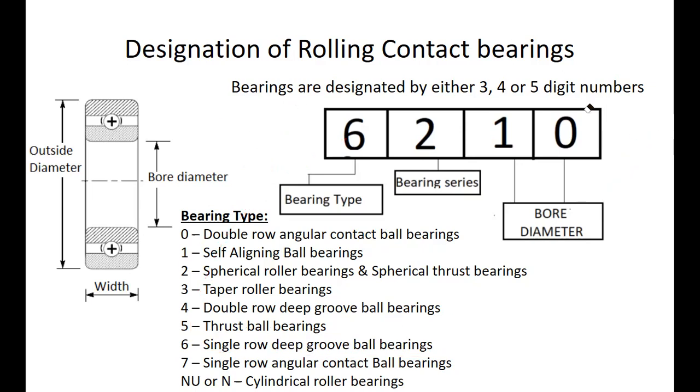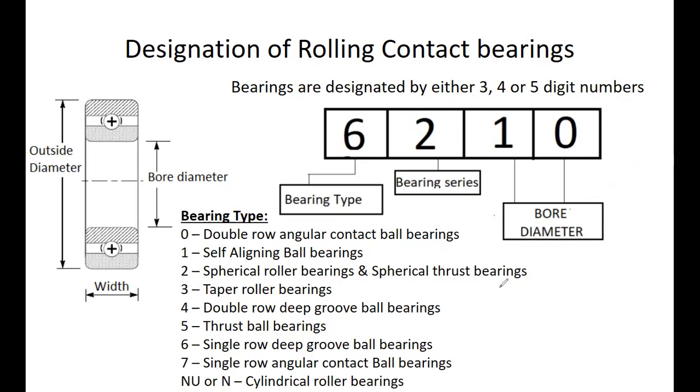Now, from your left, the 3rd digit, that is this one, it indicates the series of bearing. Or from your right, you can say the 2nd digit, right? So this number indicates the bearing series. Now, what is a bearing series?